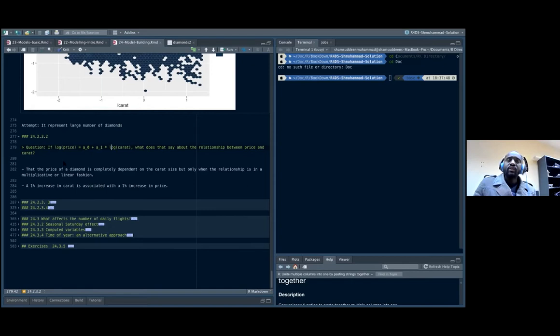But when we took the log of each one, the relationship became more pronounced that it was linear. They are not only asking whether the log makes this relationship linear or not. They were asking, what is the relationship between the price and carat? In terms of this relationship, I think it is linear.